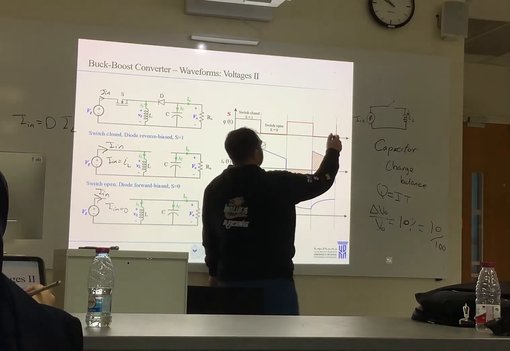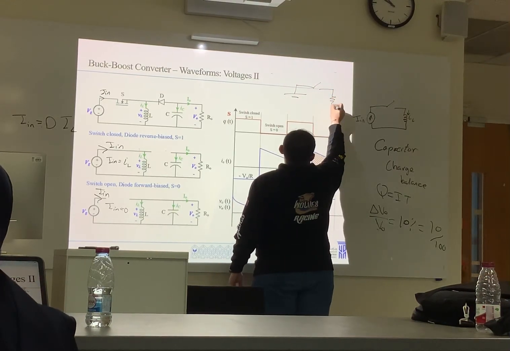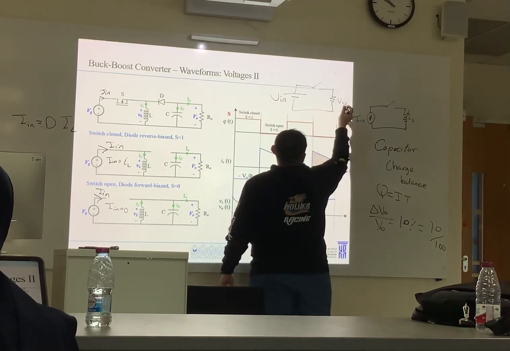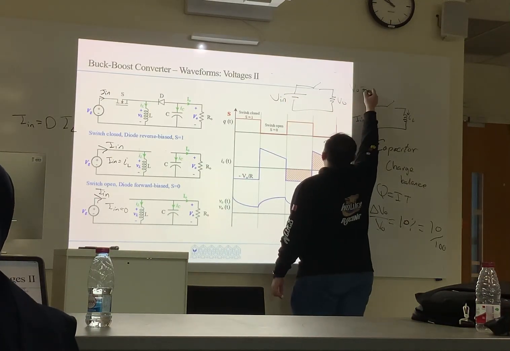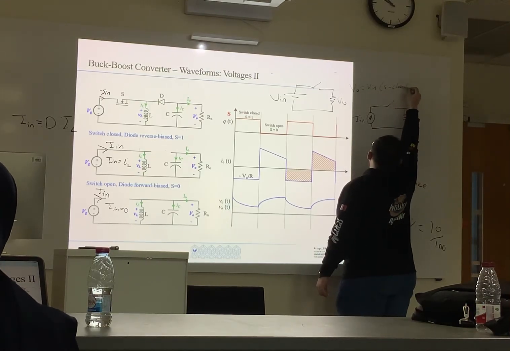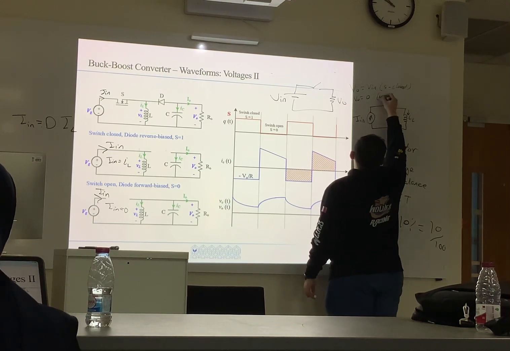Again, you had this, and I put this, and I'm asking you, what is V out? So you tell me V out equals V in when the switch is closed, and V out equals 0 when the switch is open.